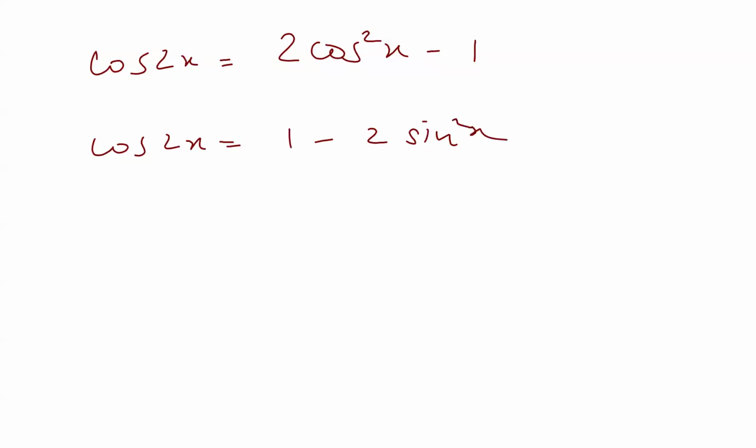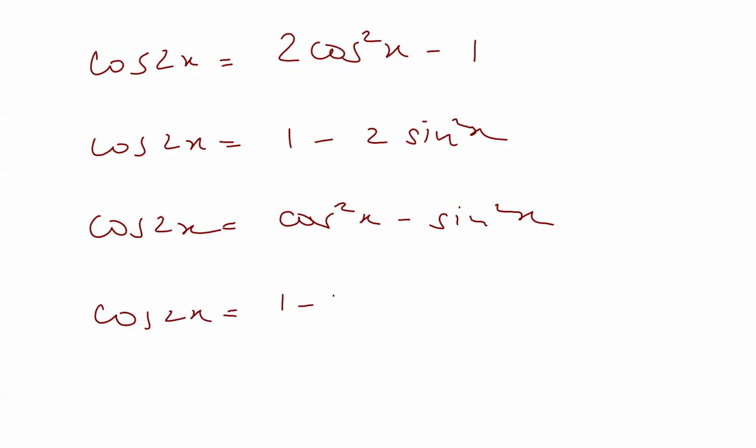Cos 2x is 2 cos square x minus 1, or 1 minus 2 sin square x, or cos 2x is cos square x minus sin square x, or cos 2x is equal to 1 minus tan square x upon 1 plus tan square x.